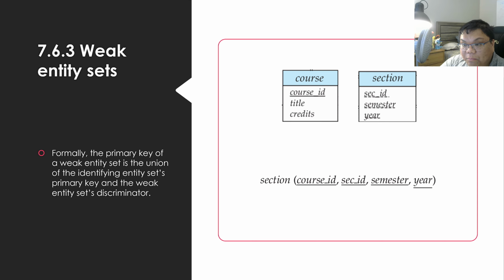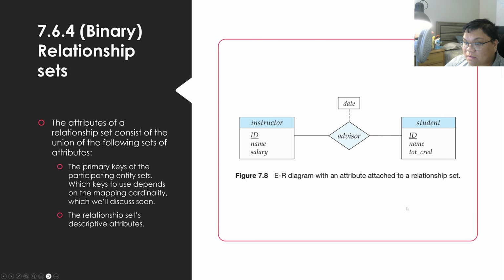Formally, the primary key of a weak entity set is the union of the identifying entity set's primary key and the weak entity set's discriminator. So all the attributes that are underlined, regardless of whether it's a solid underline or dashed underline, they are the primary key for section here. The attributes of a relationship set consist of the union of the following sets of attributes.